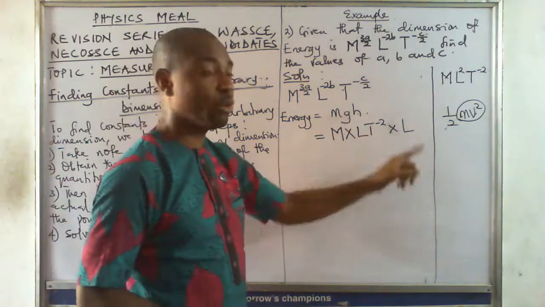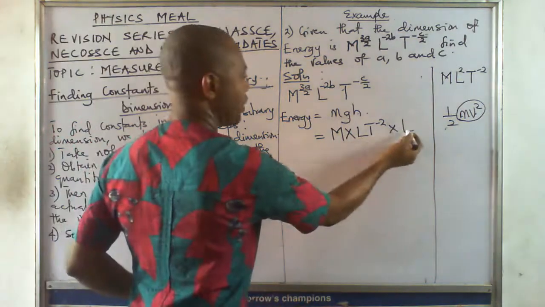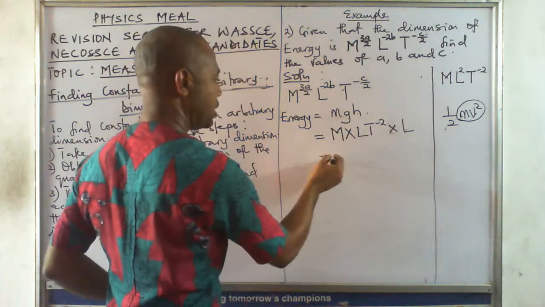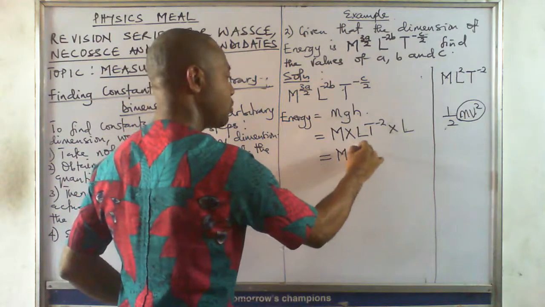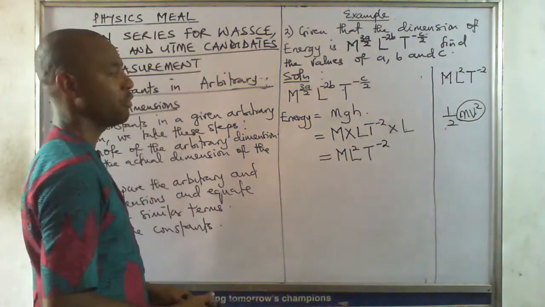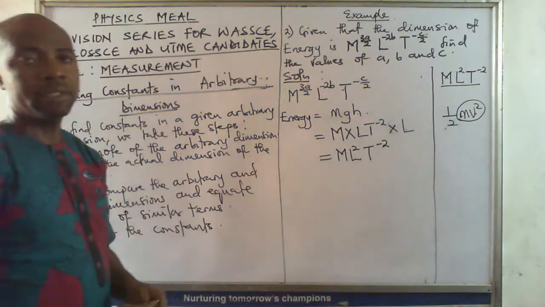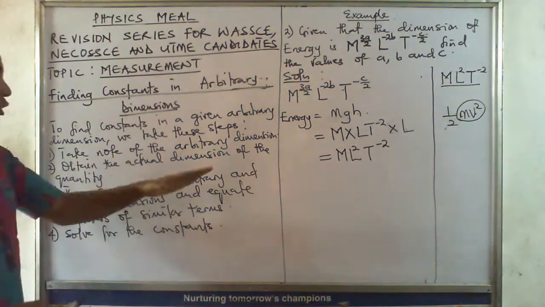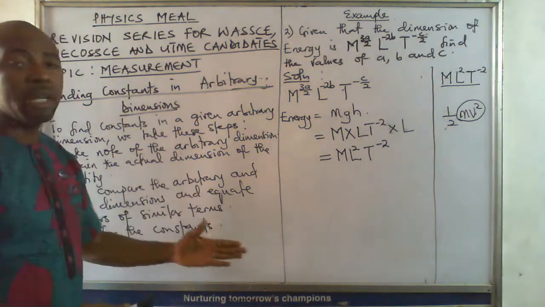So height is also length. Now you discover that we have length here and length here. When length multiplies length, we're going to have length squared. So we have M L squared T raised to power minus 2. This is the dimension of energy. So obtain the actual dimension of the quantity, then compare the arbitrary and the actual.